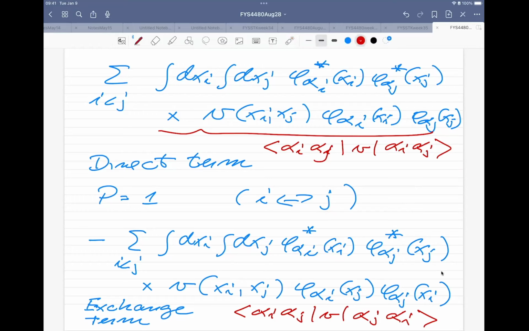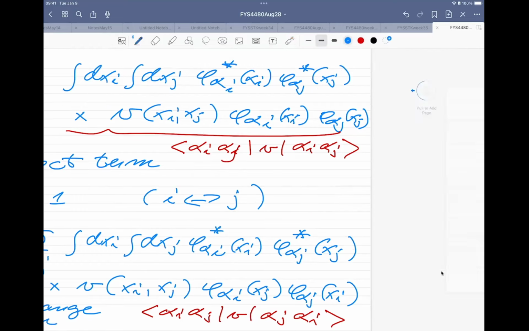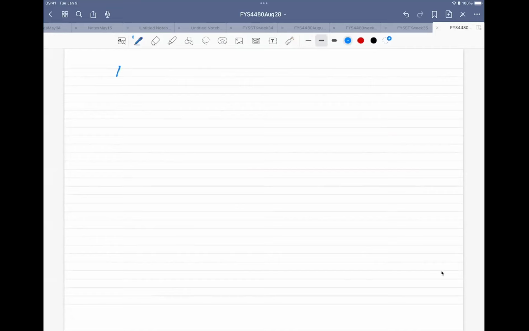So the final result which we are going to get: all other permutations, except those which belong to the quantum numbers or the coordinates of the interaction, are 0.